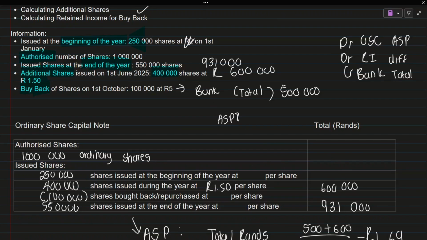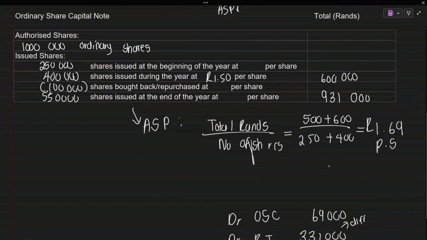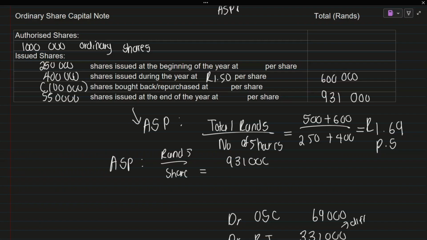How do I go from there? I don't have this, this, this, and this. Very difficult. So we have to look at the ASP again. Another way to calculate the ASP, same thing, total number of rands over the number of shares. So 931,000 all over 550,000.